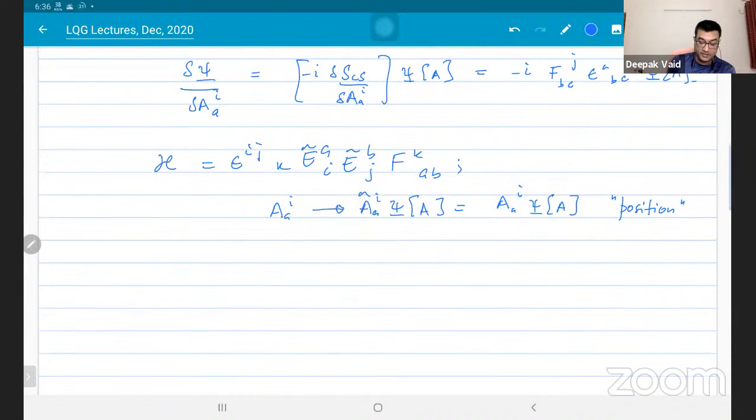And then I say that my momentum operator goes to, with a tilde and a caret, something like minus i h bar del by del. So this is quote unquote momentum, and this should act on psi of A.